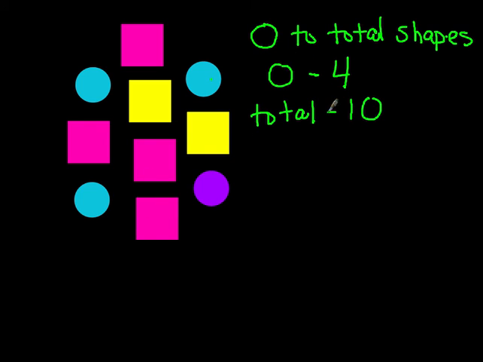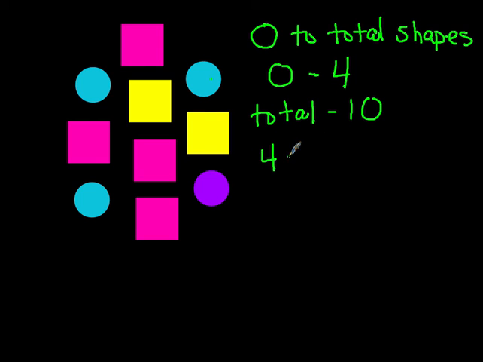You'll notice that I always list out the 2 things that I'm talking about first, because it makes sure that I won't make any errors when I'm trying to count. If I make my list first, then that makes it easier for me to now write my ratios. I'm looking at circles to total shapes, so circle comes first.